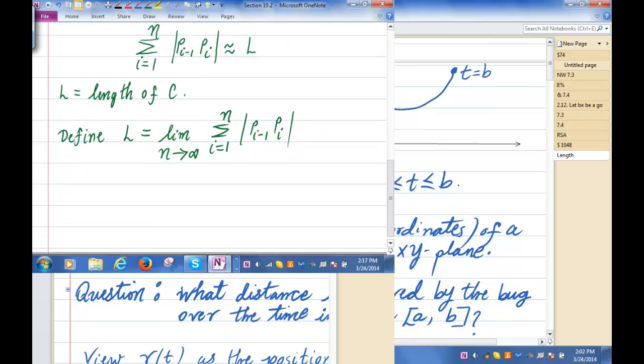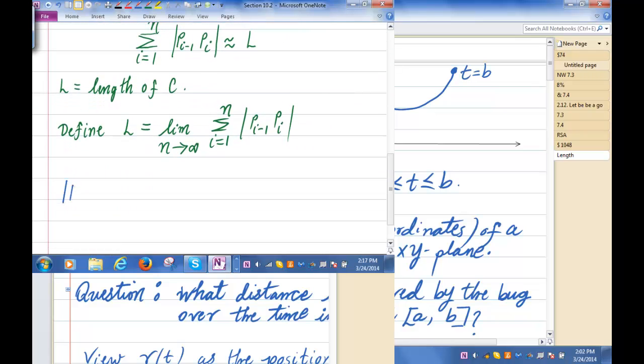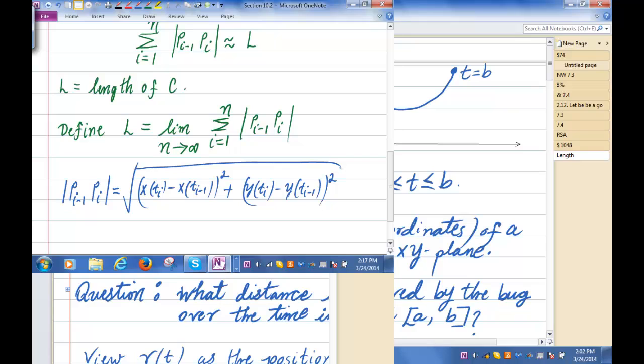So the distance between P(i-1) and Pi is given by x of ti minus x of t(i-1), squared, plus y of ti minus y of t(i-1), squared, and then I have to take the square root. Everybody is okay so far?